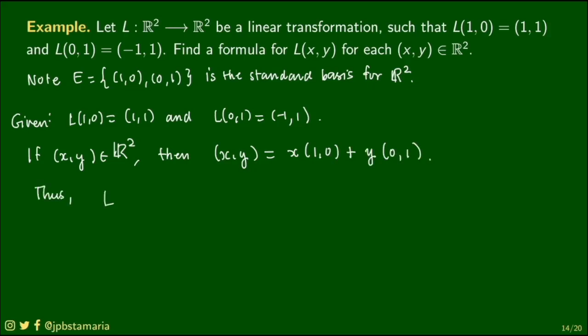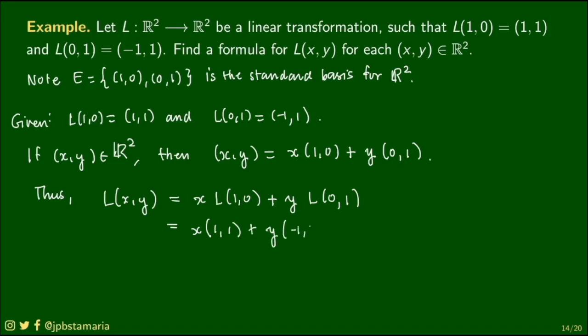Therefore, if I want to know L of (x, y), I can just write this as x times L of (1, 0) plus y times L of (0, 1). But because L of (1, 0) is (1, 1), and L of (0, 1) is just (-1, 1), I can now simplify this into (x, x) plus (-y, y).